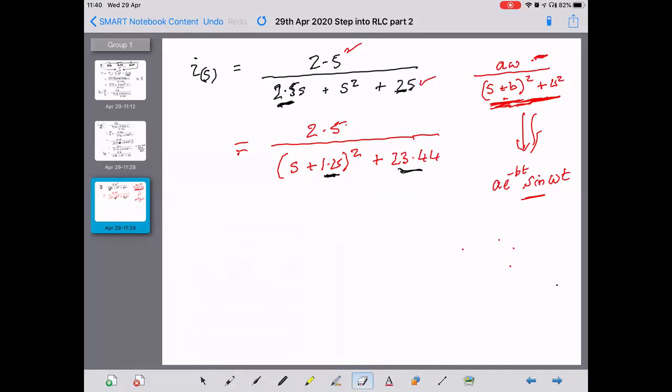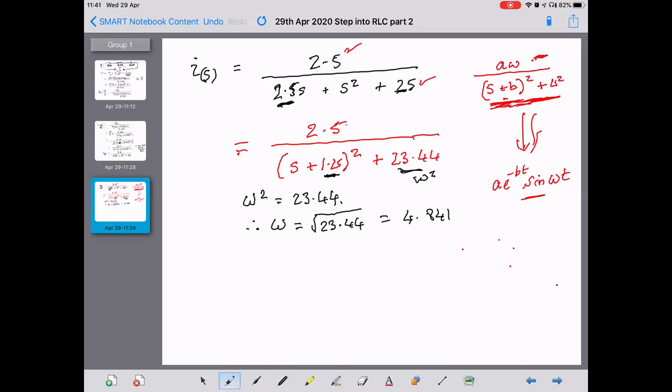So, next thing to do is we can say this bit is omega squared. Omega squared is equal to 23.44. Therefore, omega is equal to the square root of 23.44, and that equals 4.841.